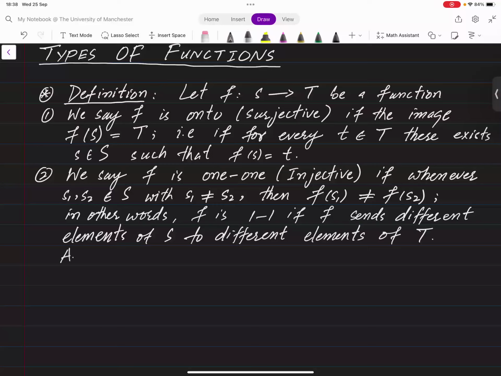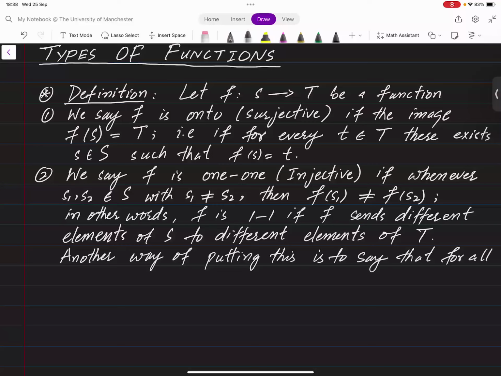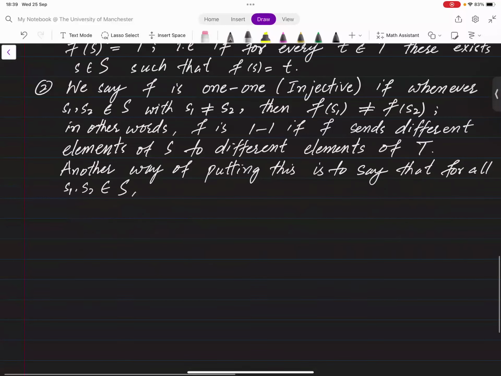Another way of putting this is to say that for all s1, s2 in the set S, if f of s1 is f of s2, then s1 should be s2.